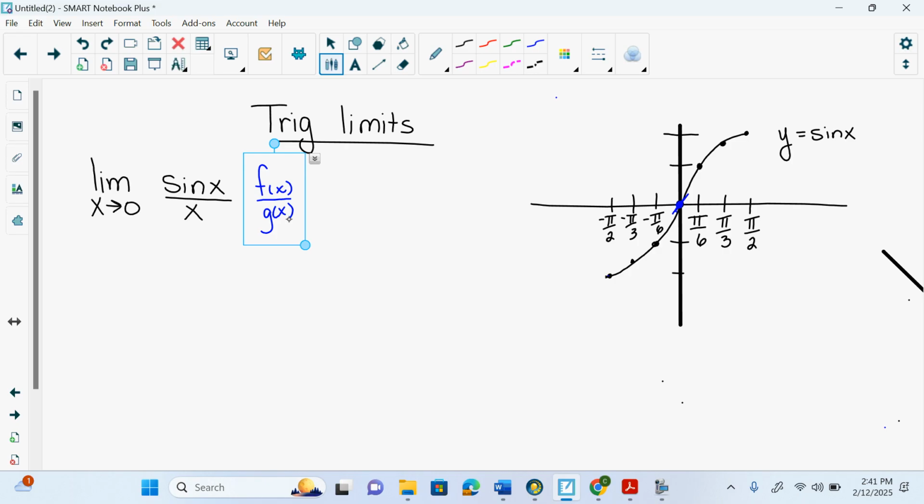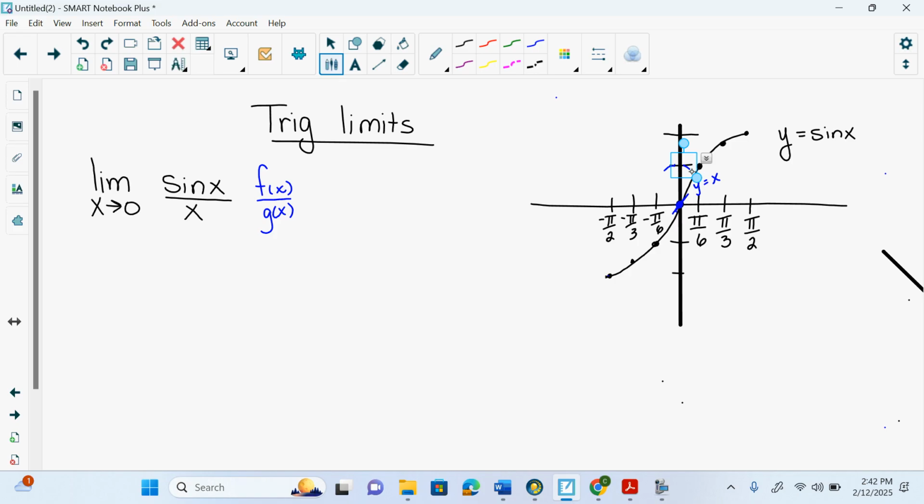Now, we have the graph y equals x, that's this one, yes? So technically, if I wanted a point that was close to it, the values are going to get closer and closer to 1. Let's say we take pi over 6.